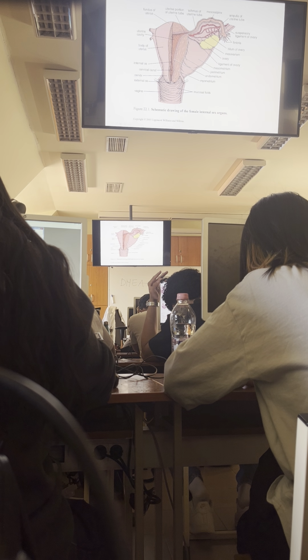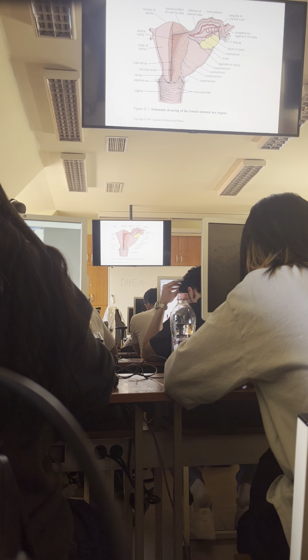And this part is called ampulla. This is the widest part of the uterine tube, and this is the most labyrinthic in its cross-sectional profile. So this is where the sample was taken from.